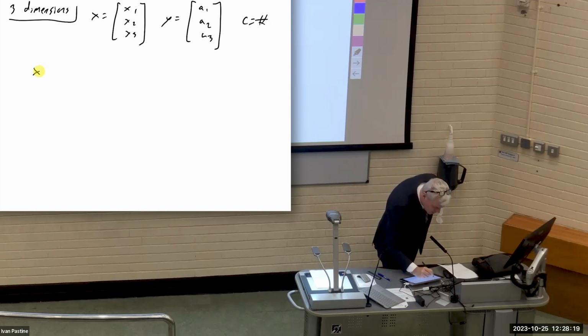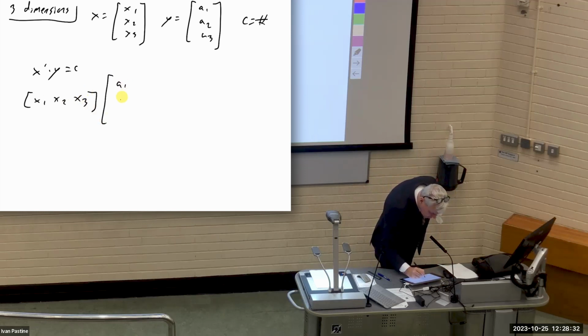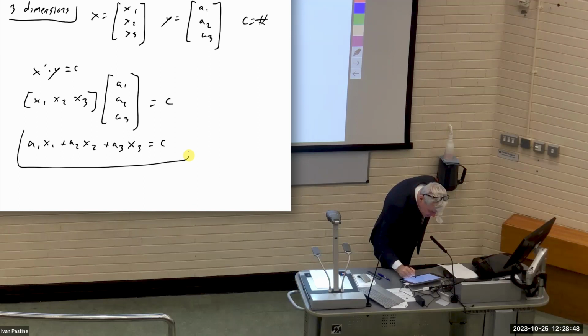And so x prime times y equals c is x1, x2, x3 times a1, a2, a3 equals c. This is a1 x1 plus a2 x2 plus a3 x3 equals c. And this is the equation for a plane.